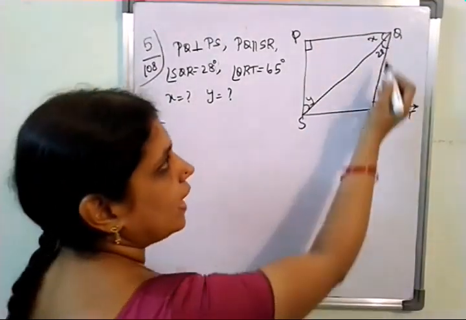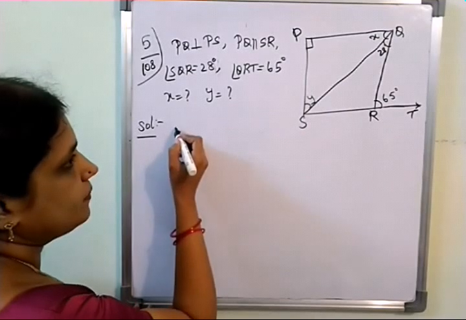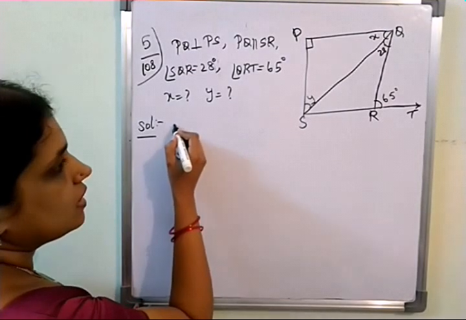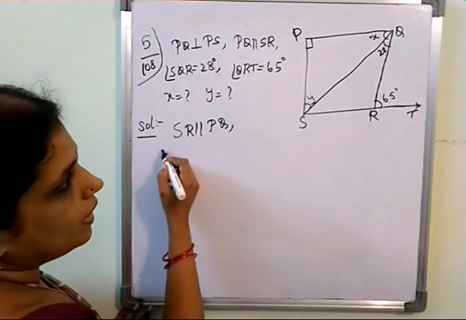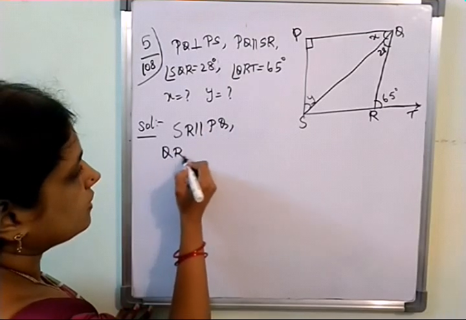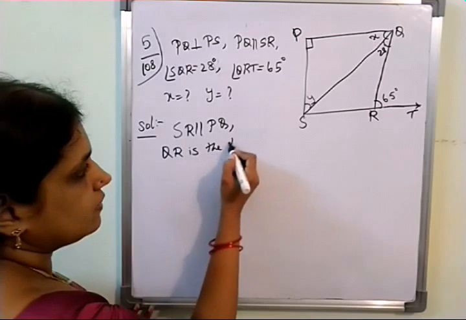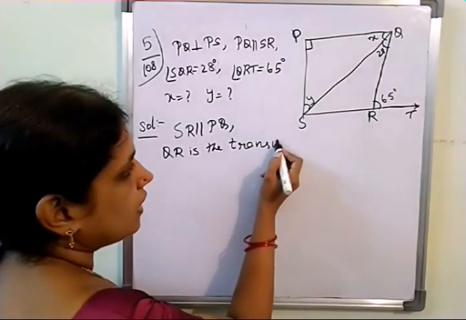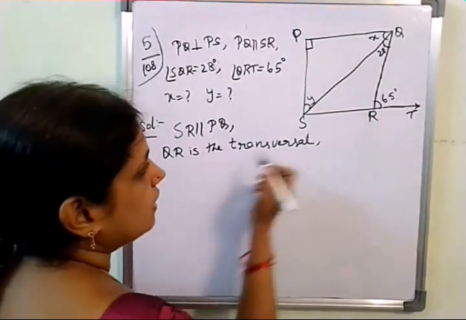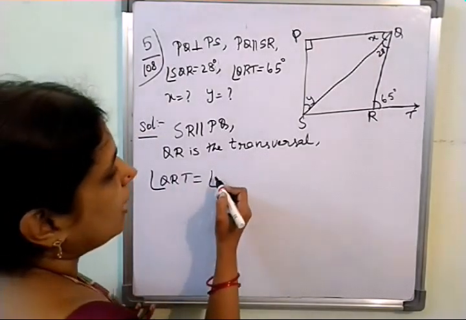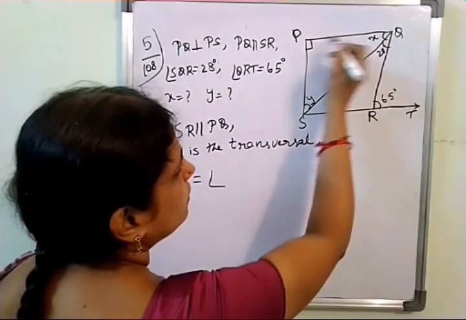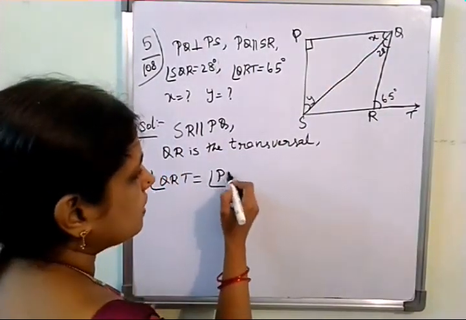Okay. So since SR is parallel to PQ and QR is the transversal, angle QRT is equal to angle RQP, or angle PQR also you can write.